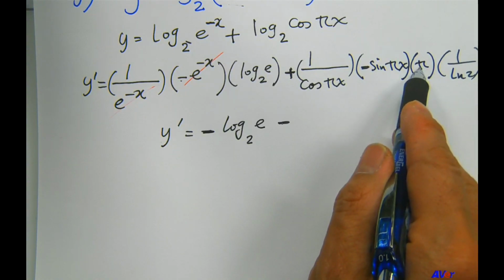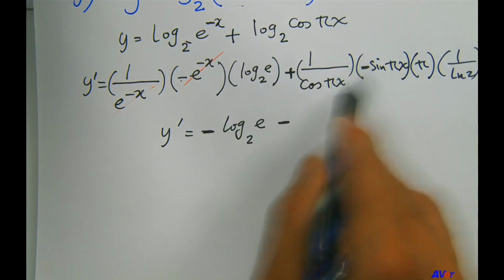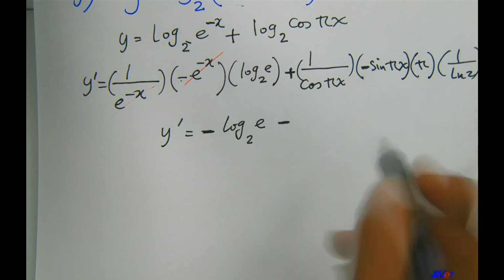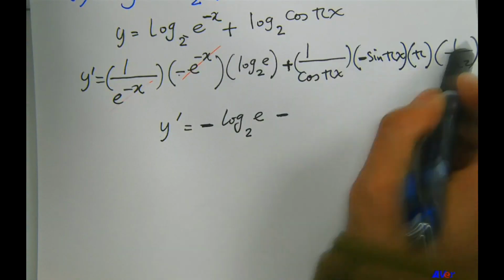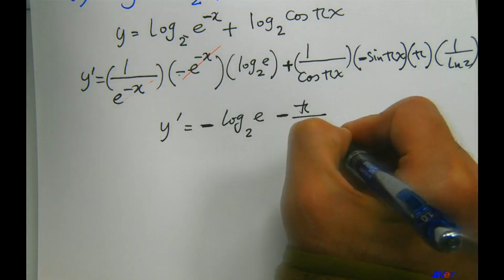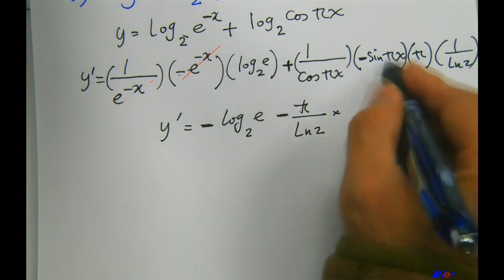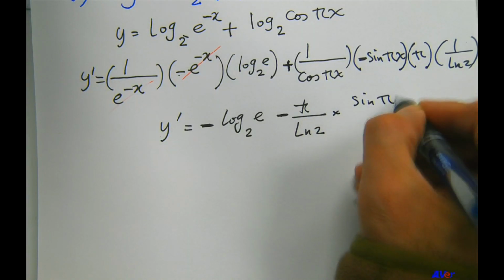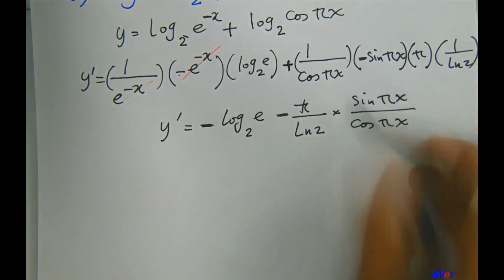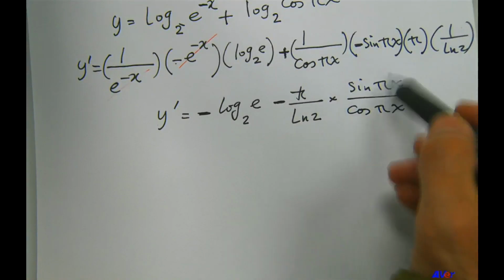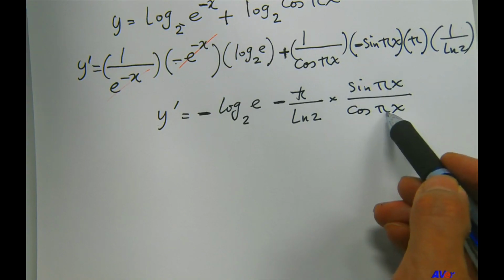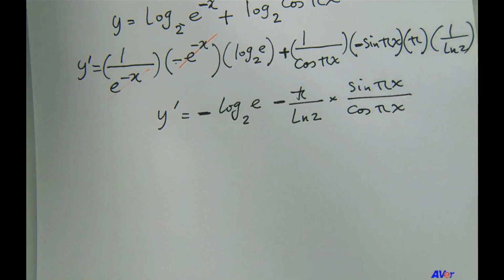Let's see. Pi times, yes, there is. We can convert these to tangent, right? But let's do it like this. So minus pi over natural log of 2 times sine of pi x divided by cosine of pi x, right? Now, from trigonometry, Math 127, we learned that sine of something divided by the cosine of that same something equals tangent of that, right?